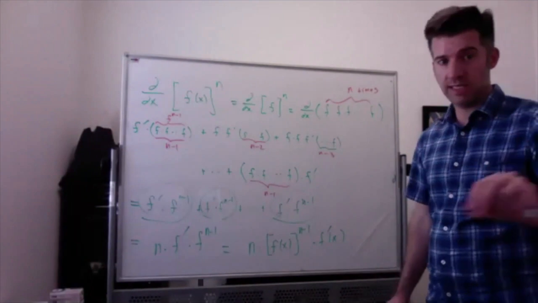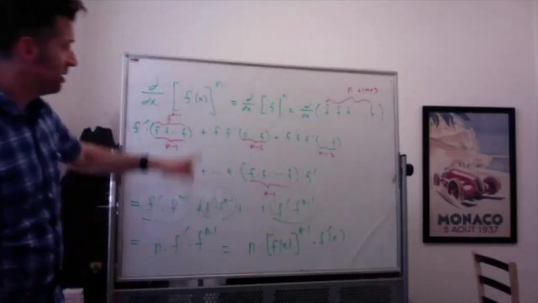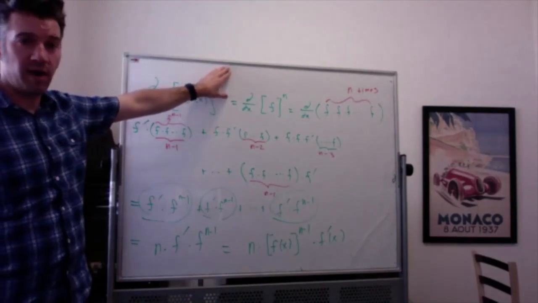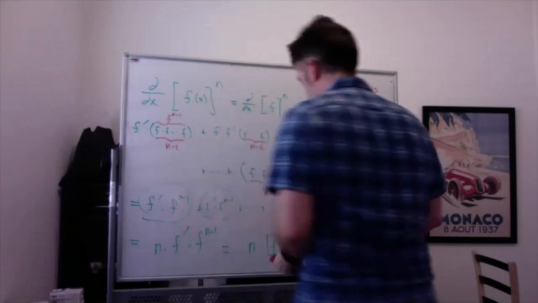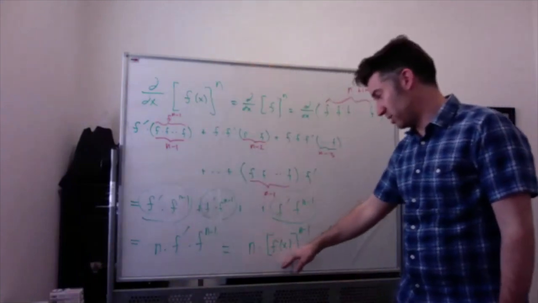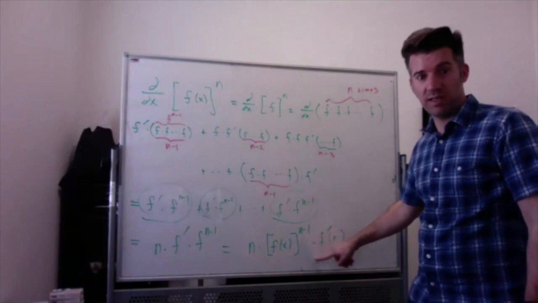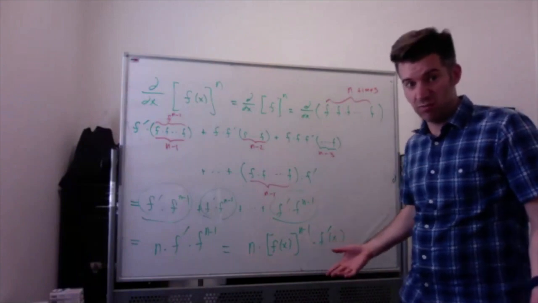Stop, take a second to think about what we've got. We took the derivative of some function to the nth power, and our derivative was n times something to the n minus 1, but then we had to multiply by the derivative of the insides. That's the chain rule.